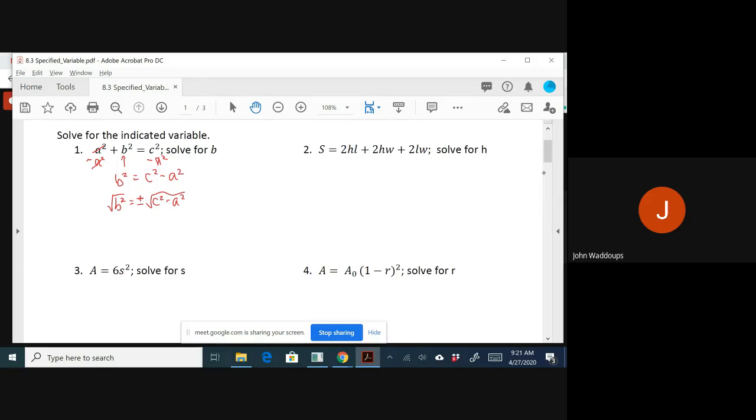If I had x squared equals, let's say 4, x squared is a number times itself 2 times, and so when you take the square root of that, you're saying what number times itself would equal 4, and 2 times 2 equals 4, but also negative 2 times negative 2 equals 4, and for that reason we add the plus or minus when we're solving equations like this.